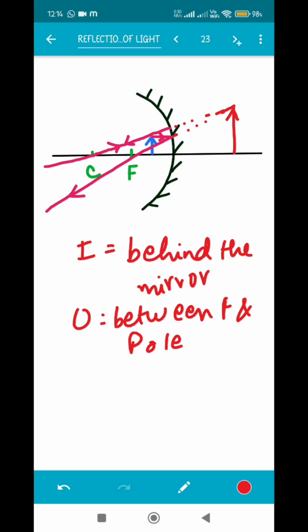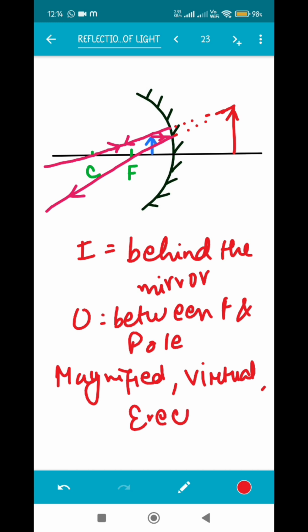And as you can see, the image is magnified, the image is virtual, and it is erect. It is not inverted. So this case is used in magnifying glasses. All the magnifying glasses use lenses nowadays. We can use a mirror to be used as a magnifying glass as well. So this is that case.